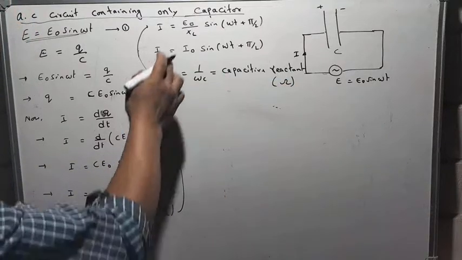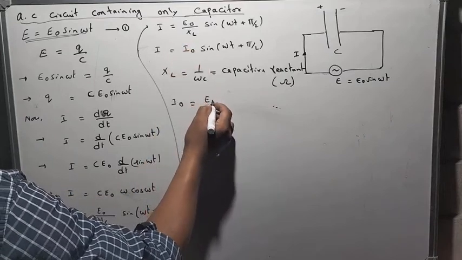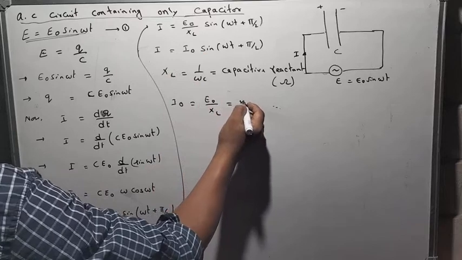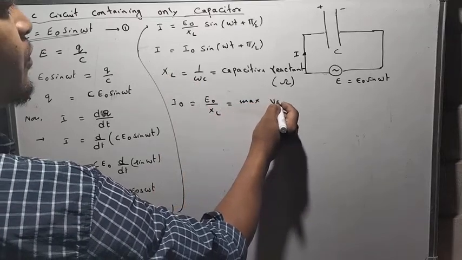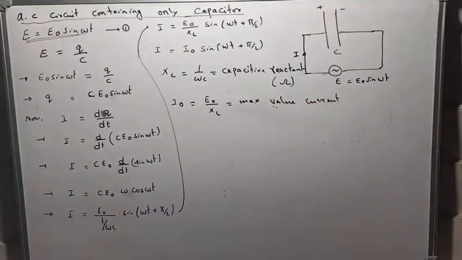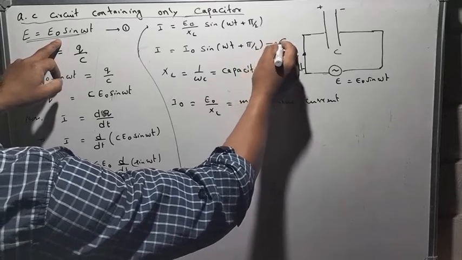And this I naught here is equal to how much? E naught upon XL, and this is known as the maximum value of current. Looking at the two equations, this is equation 1 and this is equation 2.